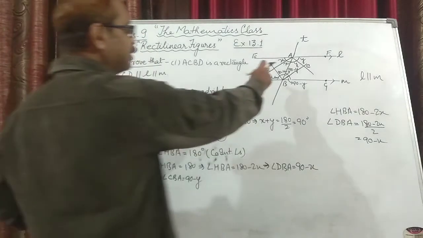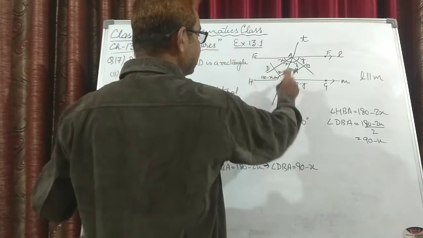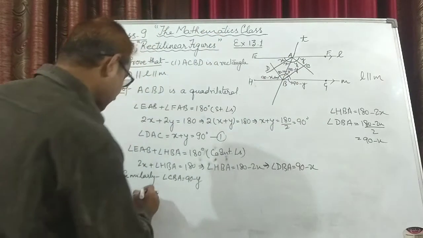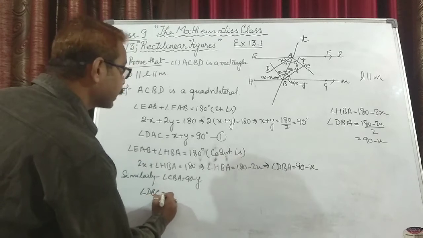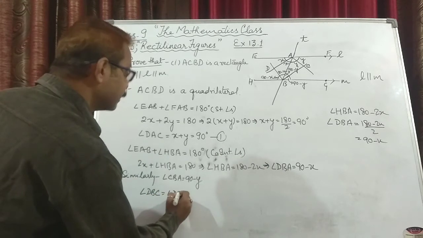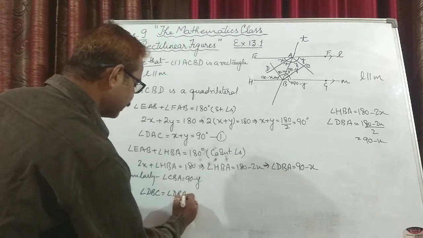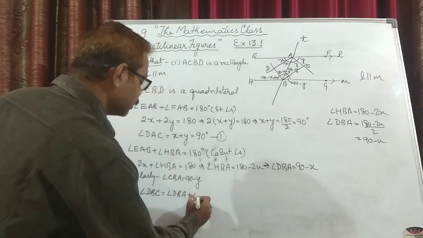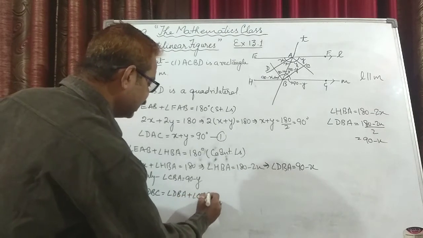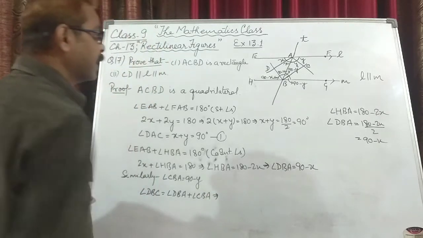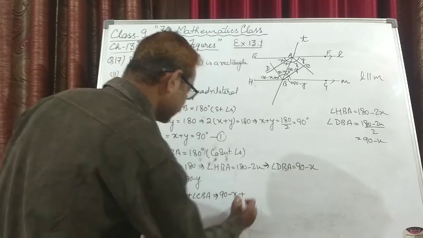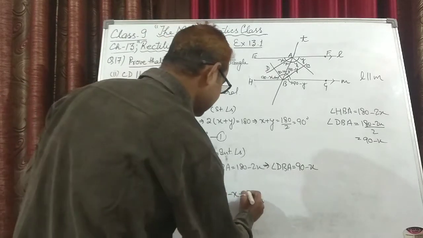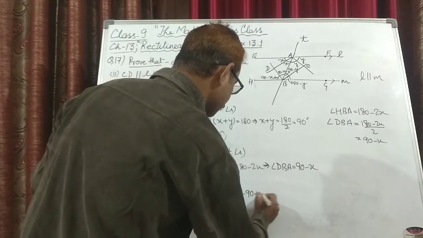If we add these two angles, meaning DBC, angle DBC can be written as angle DBA plus angle CBA, and angle DBA is 90 minus x plus angle CBA is 90 minus y.